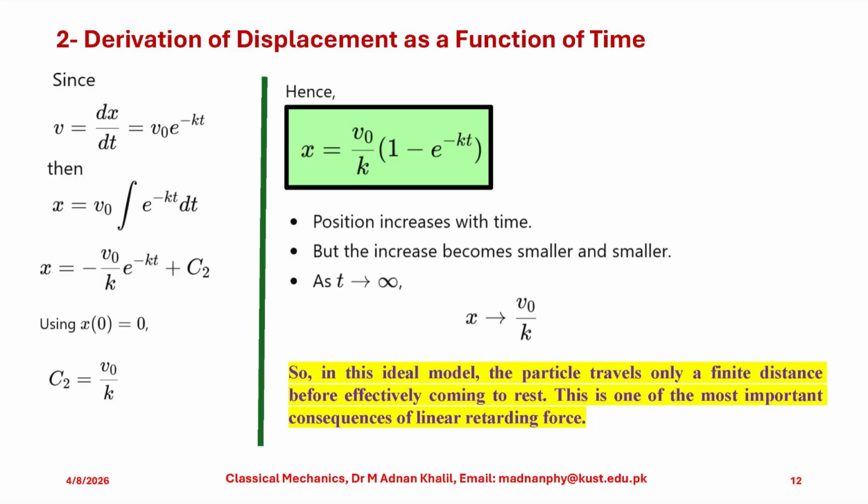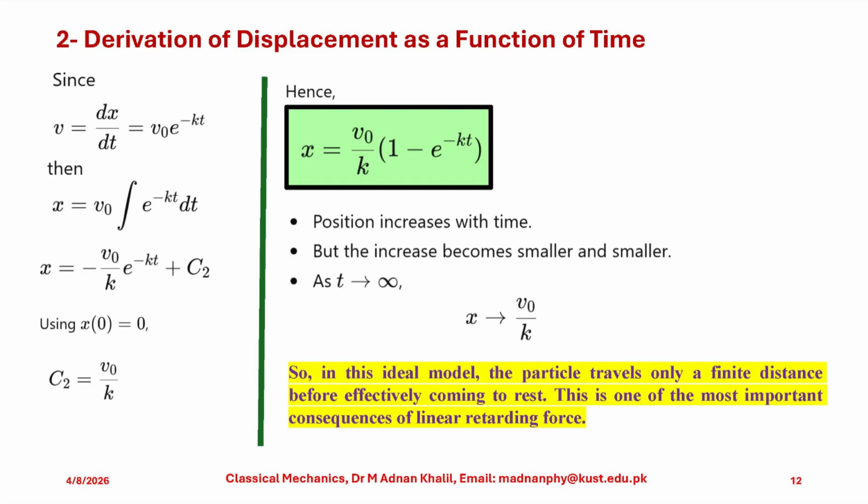After integration and applying the initial condition x of 0 equals 0, we get the expression for the displacement, which shows that the position continues to increase with time, but the increase becomes smaller and smaller because the particle is slowing down.